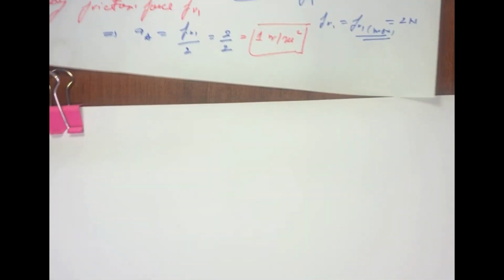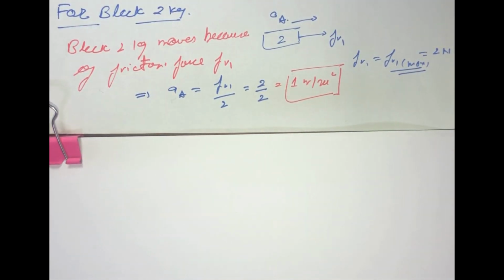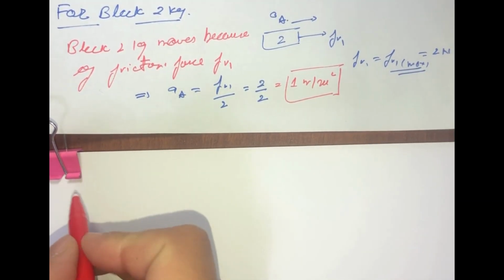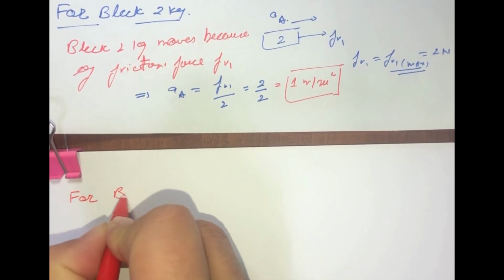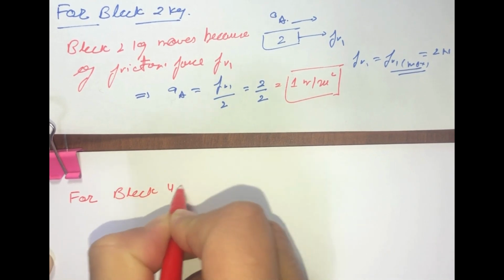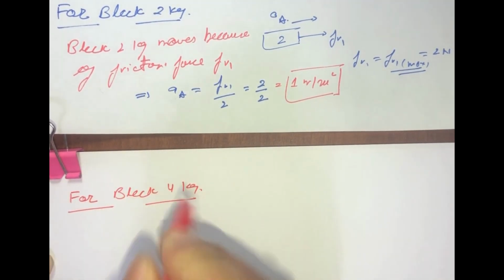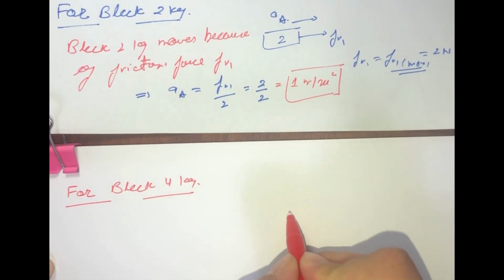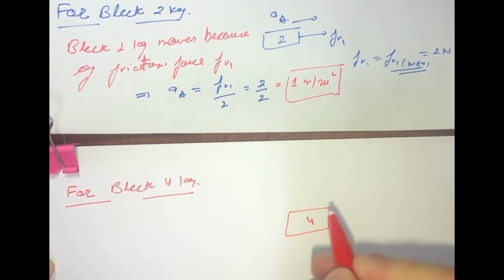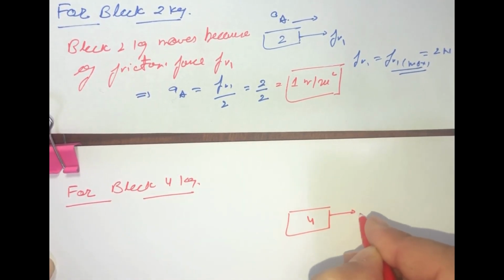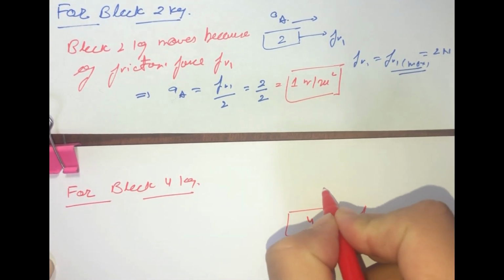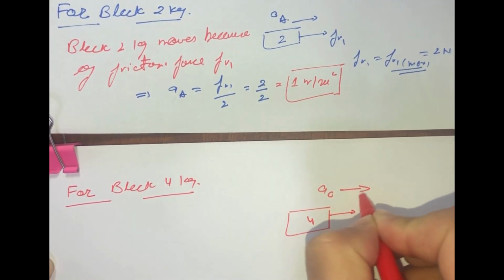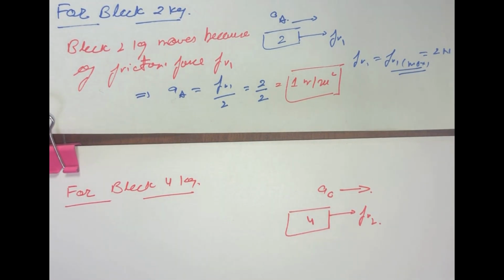Now let us find out the acceleration of the 4 kg block. So for the 4 kg block, this is a 4 kg block. Force of friction Fr2 is being applied on it. Let us suppose it is moving with acceleration a_C in this direction.